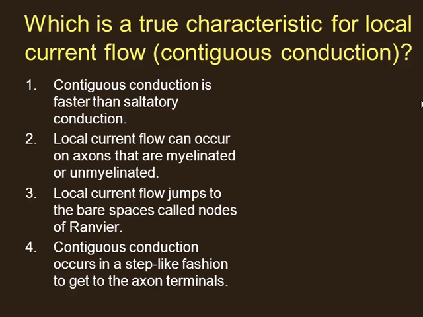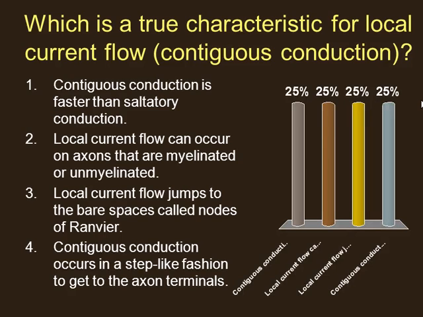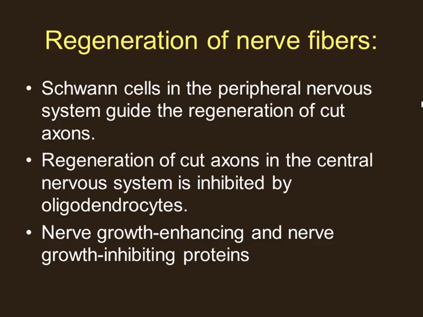Nope, the contiguous are unmyelinated. Number 3, local current flow jumps to the bare spaces called nodes of Ranvier. What jumps then? That's saltatory conduction, so number 3 is false. Number 4, contiguous conduction is a step-like fashion. Yes, one step after another, after another, after another. So our right answer is number 4.